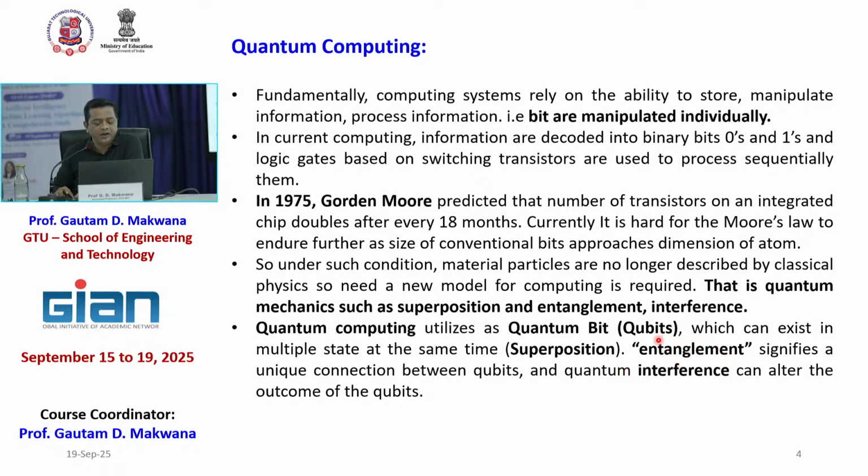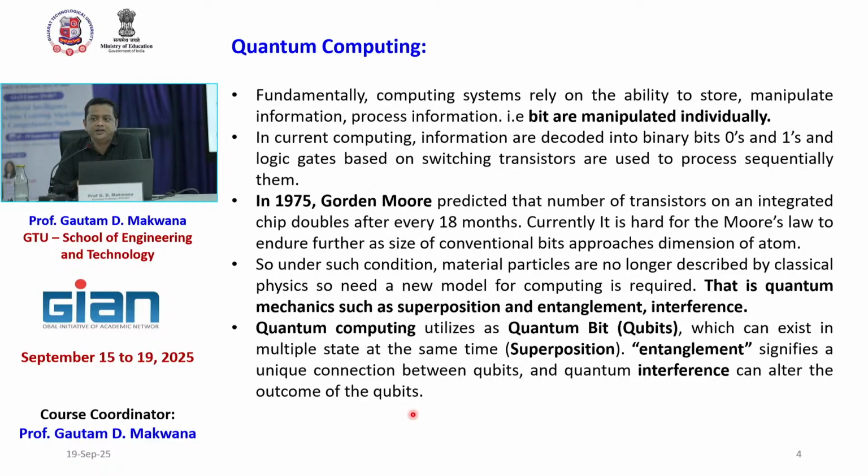And what is entanglement? Entanglement signifies the unique connection between the qubits, and quantum interference can alter the outcome of the qubit. So internally, because of the interference, the state of the qubit is changed.